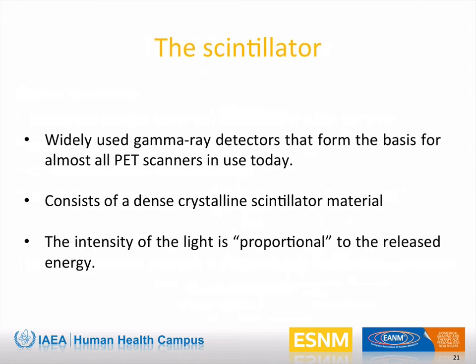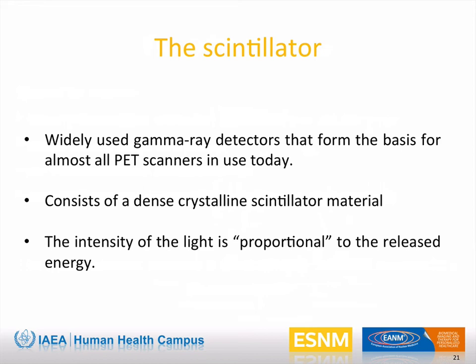Scintillation detectors are widely used in gamma-ray detection and form the basis for almost all PET scanners in use today. Scintillation detectors consist of a dense crystalline material that acts as an interacting medium.